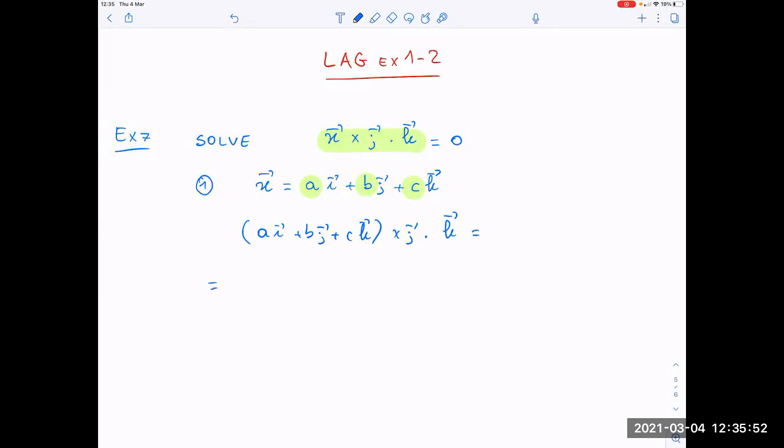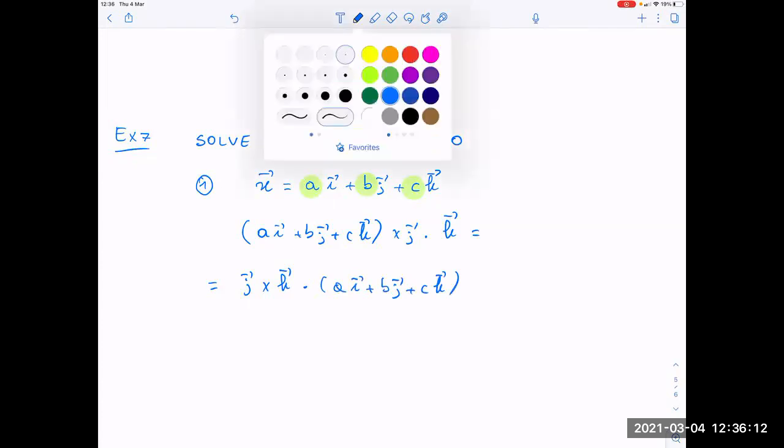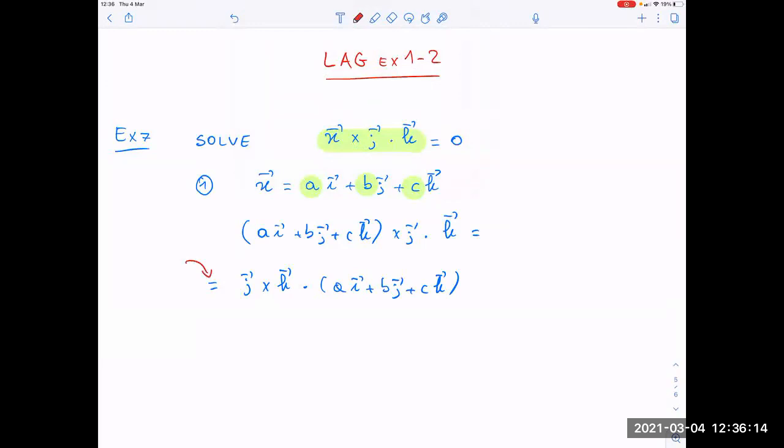So I know that if I just shuffle everything to the left or to the right, it is the same. Okay? So I just shuffle left.